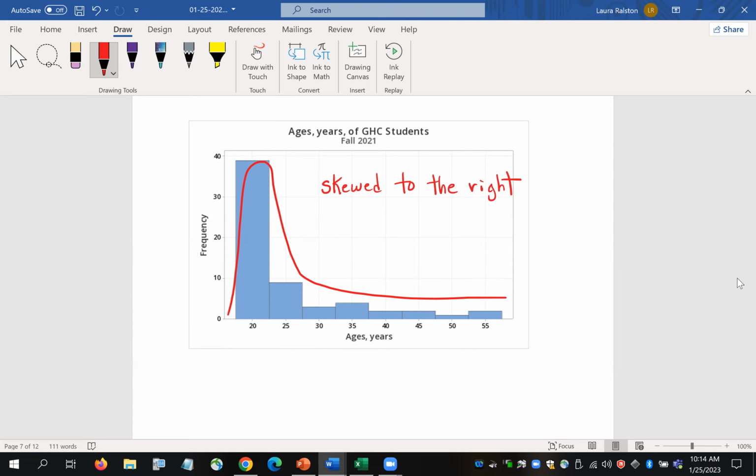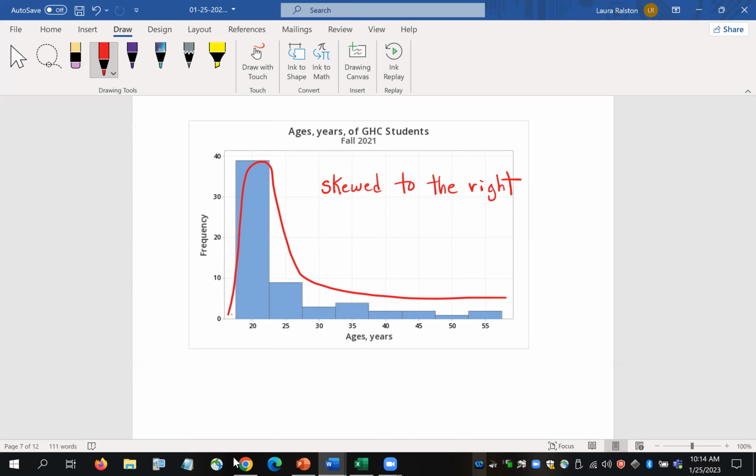Now, as far as estimating what I think the average might be, again, we've kind of said we thought it was somewhere between about 18 and 29. Well, if I look at this bar, I had 39 values, which is over half, in this bin that went from, what did they say?